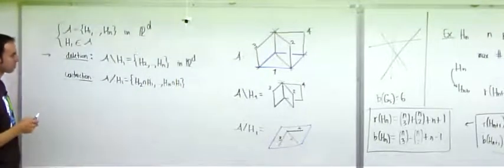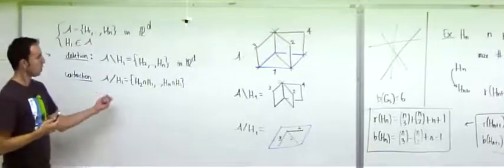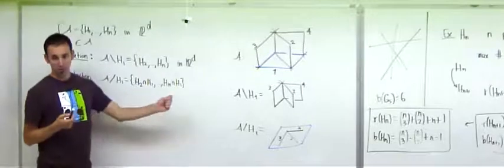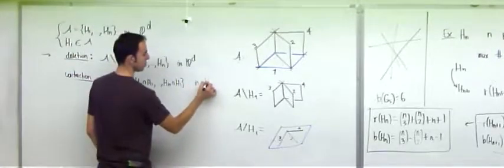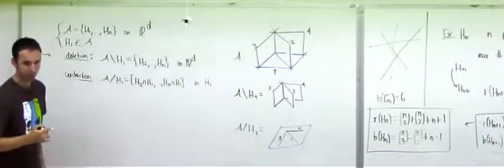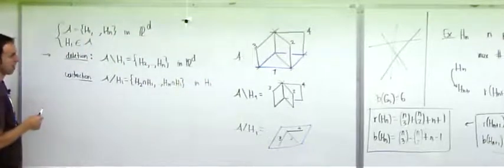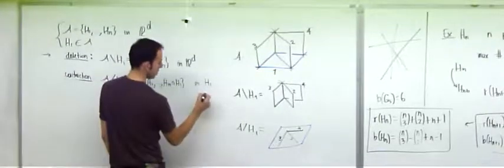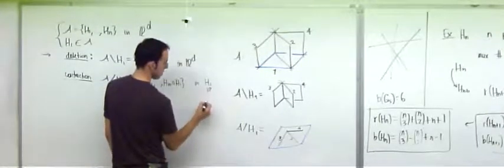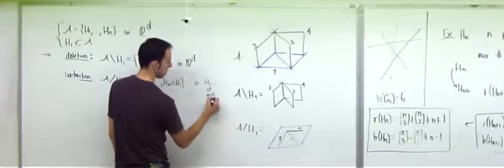Okay? Now, because you intersected everything with H1, that means that these things live inside H1, right? And H1 is a hyperplane, so H1 is like R^(d-1), right?